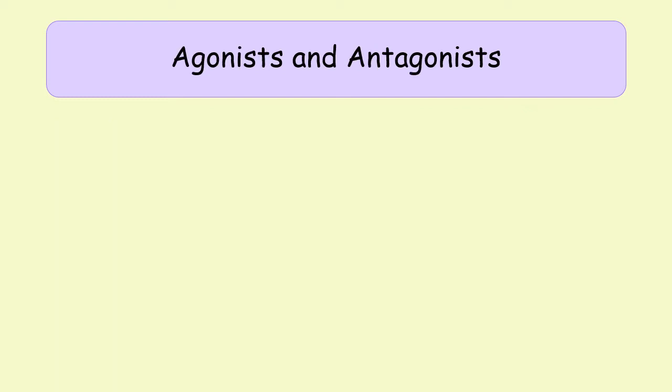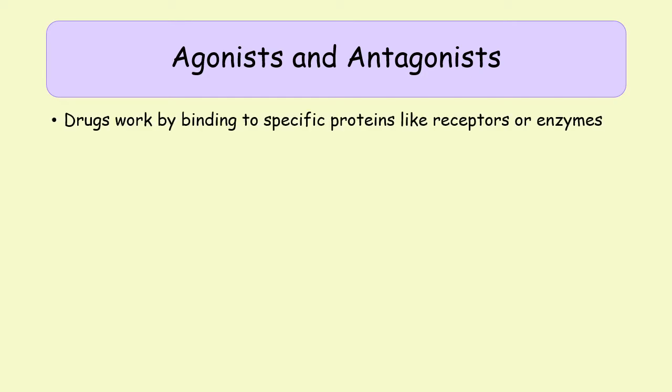Now, when it comes to medicines, how they behave, there's really only two ways in which they typically work. They are either going to act as an agonist or an antagonist, and you need to be able to give definitions for both of these words. So when medicines interact, what they are doing is they are binding to particular proteins in the body.